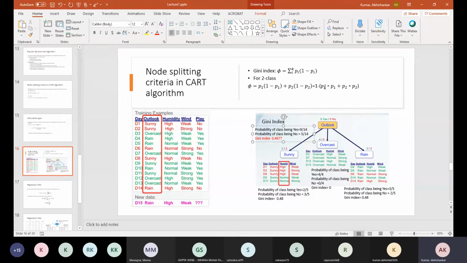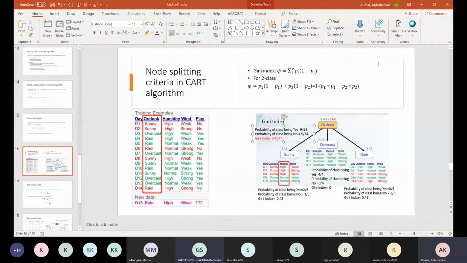Let's say P1 belongs to yes and P2 belongs to no. So we calculate 1 minus (9/14) whole square plus (5/14) whole square.